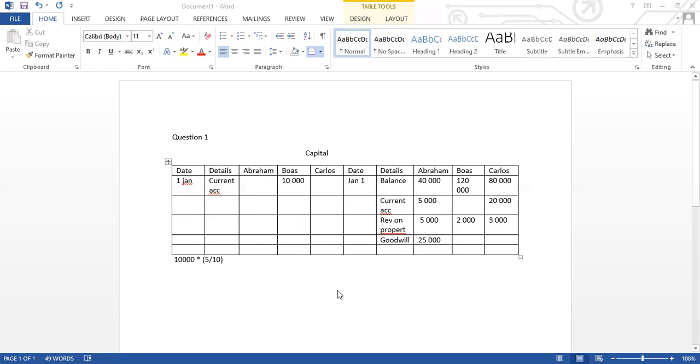We do not need it anymore. So we need to credit our capital account using the profit sharing ratio. So 50,000 multiplied by 5 over 10 for Abraham will get 25,000.